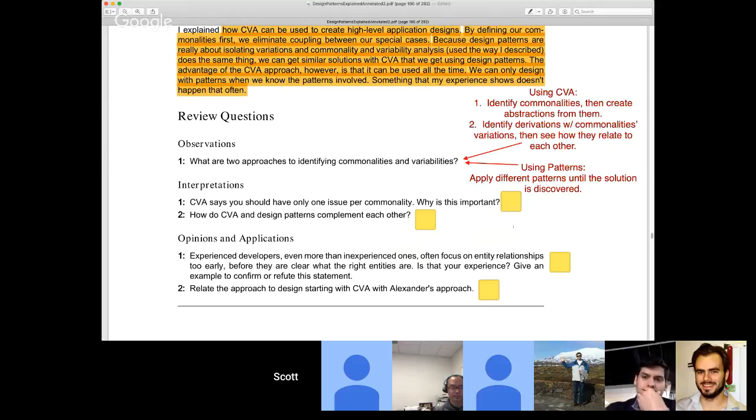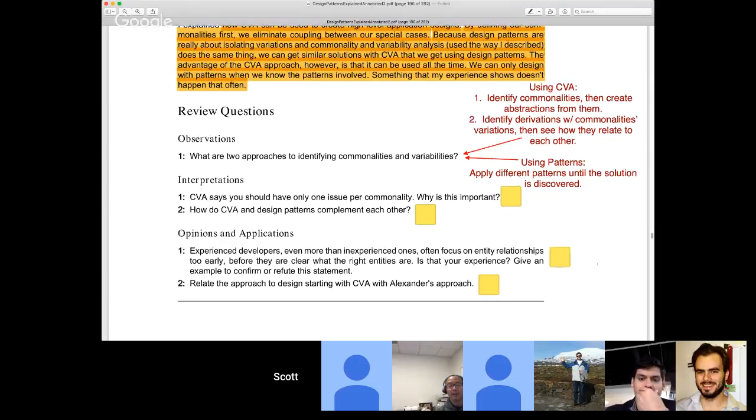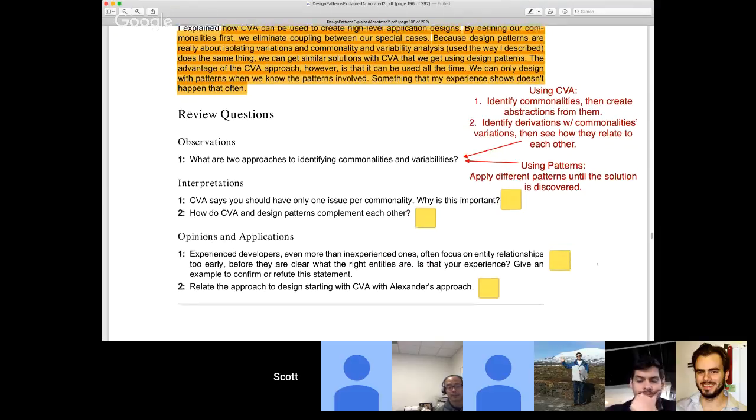And how do CVA and design patterns complement each other? Okay, well, they complement each other because for me, they come at the analysis from two different directions. If you're having a hard time identifying the commonalities and discovering the derivations, I think a design pattern can help you find them.